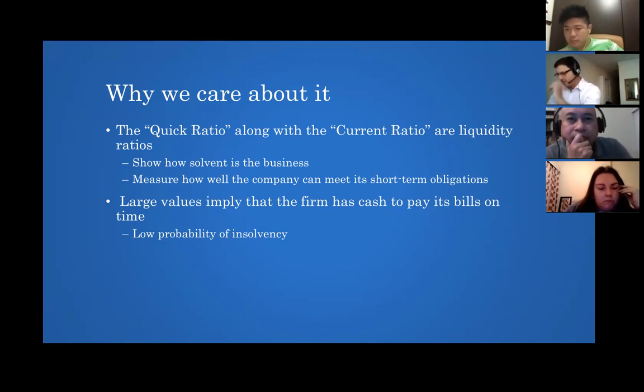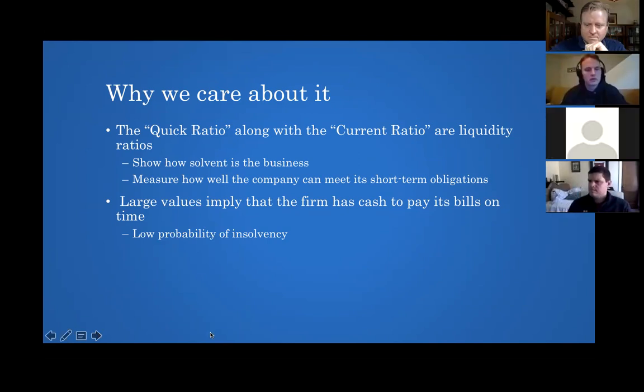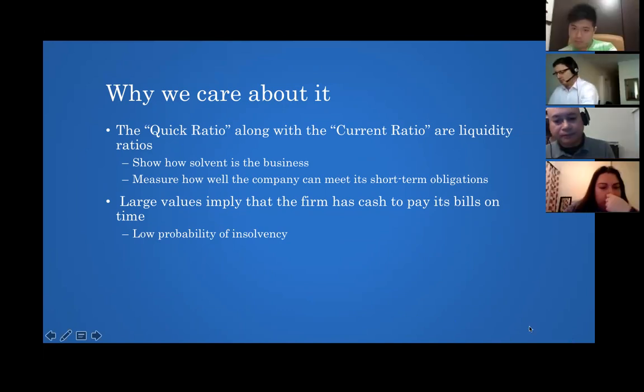And we say short-term because both of these refer to the current assets and the current liabilities, not long-term. So as I mentioned, if you have higher quick ratio values, that implies that the firm has cash to pay its bills on time. So low probability of insolvency. Next, Michael.